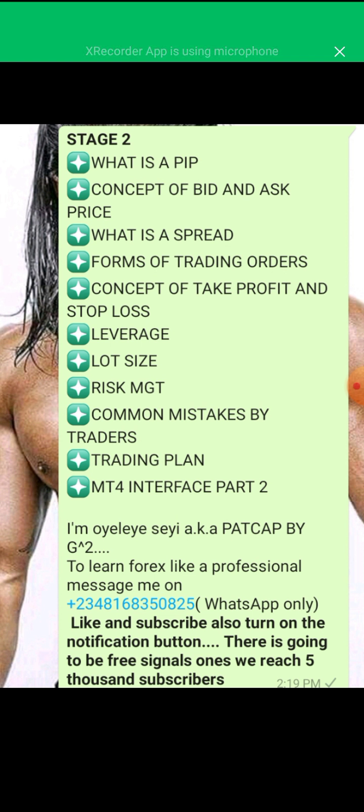On a standard lot, a pip is $10. On a mini lot, which is 0.1, a pip is $1. And on your micro lot, a pip is 10 cents. Are you getting what I'm saying? Don't worry, don't get confused. I'm going to show you that on the screen.